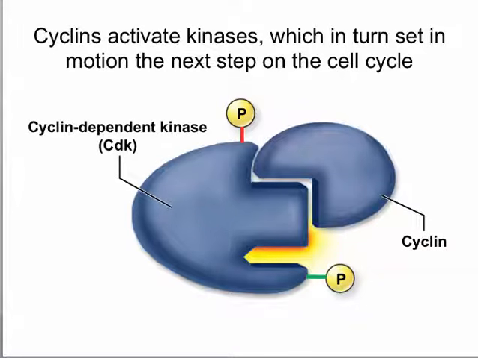So these two proteins are a cyclin-dependent kinase. Cyclin-dependent means it needs to have a cyclin present in order for it to have its kinase activity, or its phosphorylating activity. It also needs to be actively activated, so it needs to be phosphorylated also to be activated.